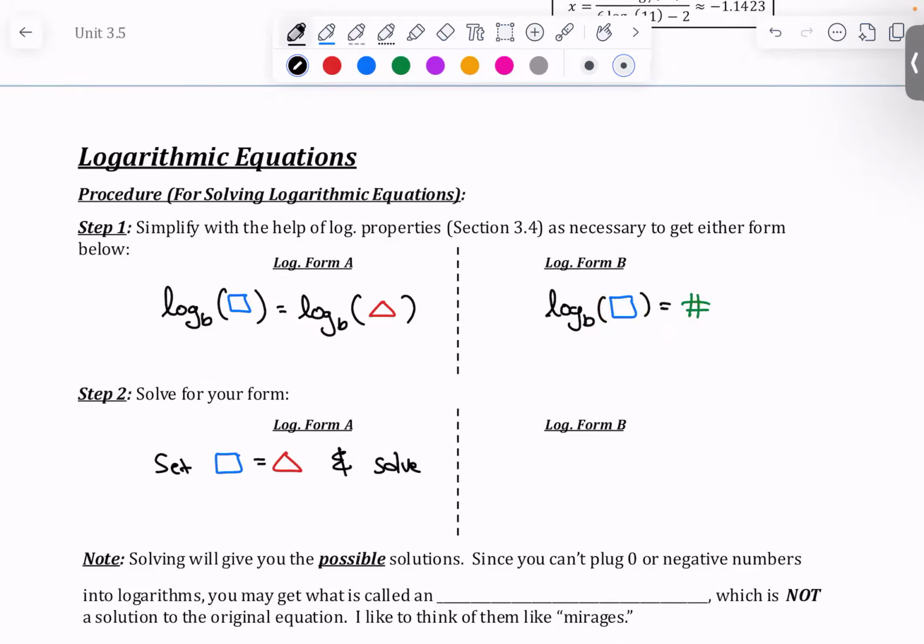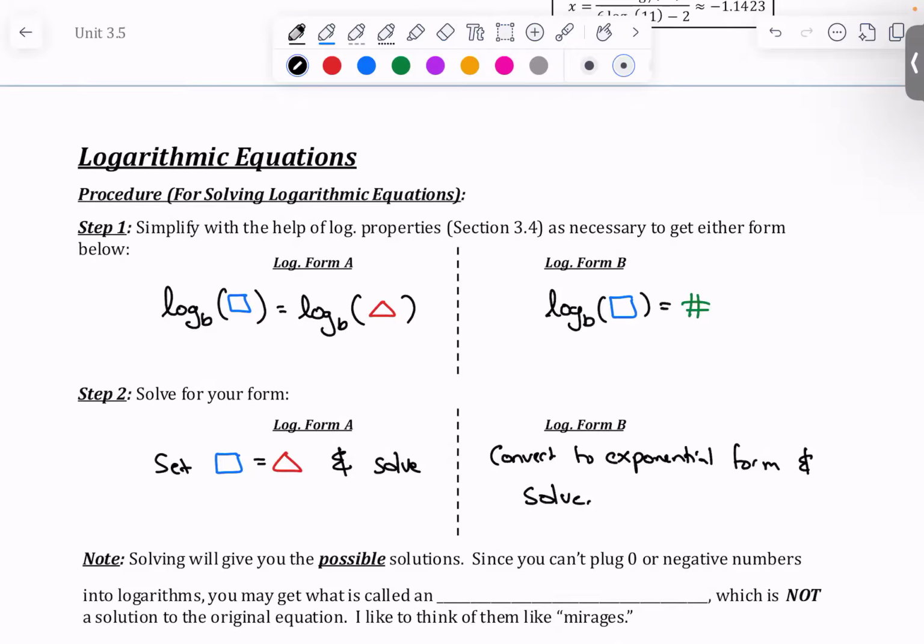So you're going to convert to exponential form and solve. And don't worry, we will get several practice problems of each of these things, and that will help us with all of it. So convert it to exponential form. Whew.